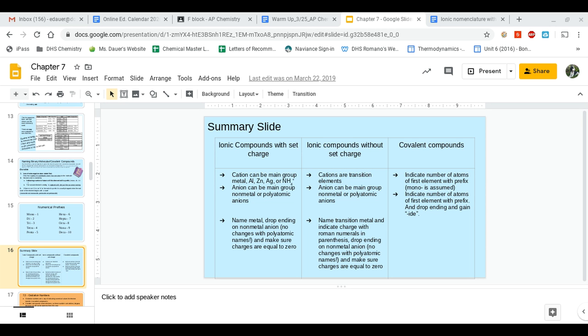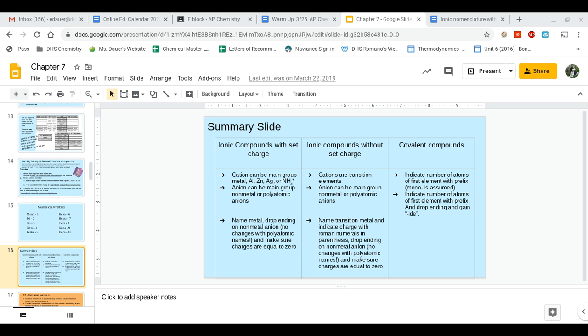We still need the positive to cancel out the negative. It's just that you might see different variations of that one element doing that in a couple different ways. So we still name the cation. The anion is still going to be named, dropping the ending, gaining IDE. If it's a polyatomic ion, you just name the polyatomic ion like we had done for set charge. The difference with the non-set charge, and also the thing that's going to stand out to you when you recognize it, is the Roman numerals.